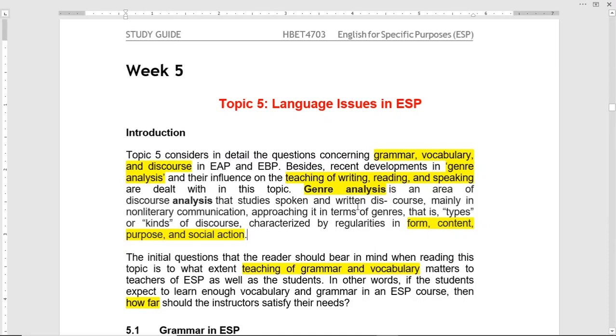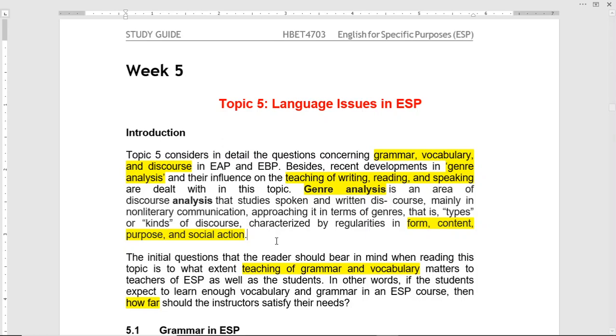So this is a technical term, genre analysis, which is also discourse analysis: what kind of language they are talking, which includes the form of the language, the content, the purpose, and what kind of social action is involved in the language. So that's a part of genre.